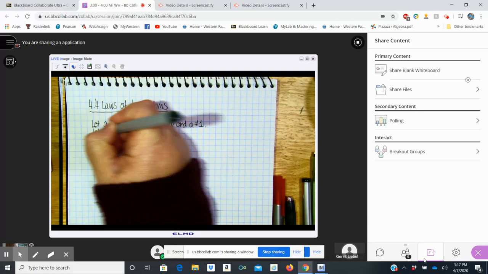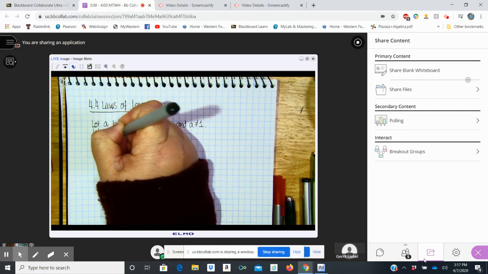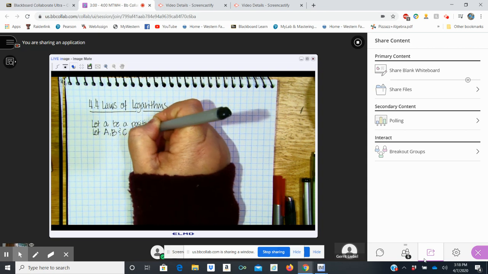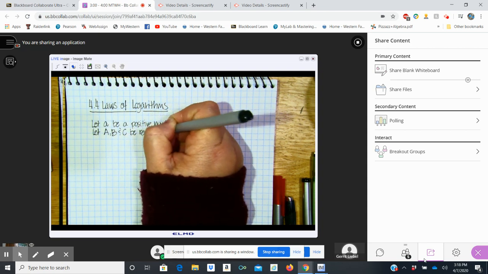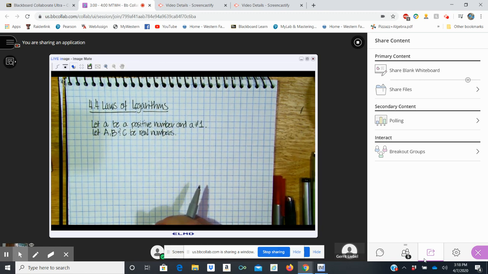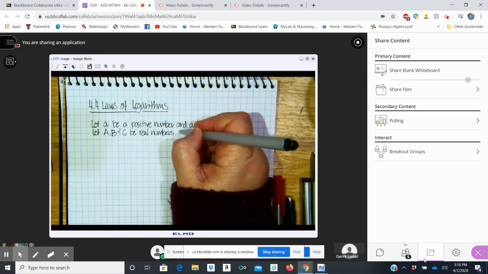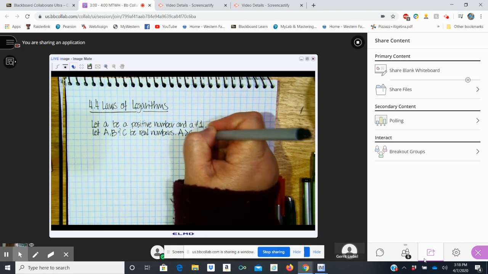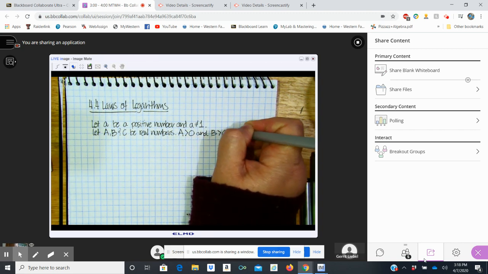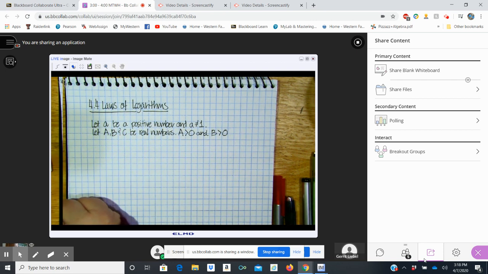Then we're going to let A, B, and C be real numbers. We're going to let A be greater than 0, and B is going to be greater than 0, but C can be anything.